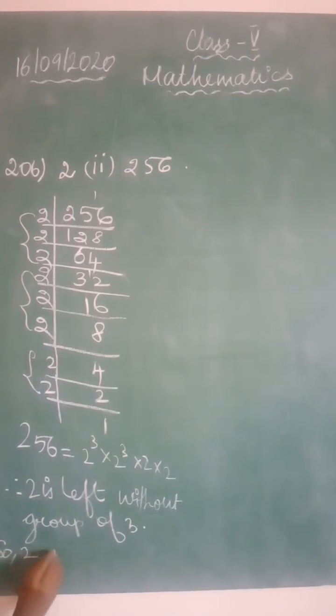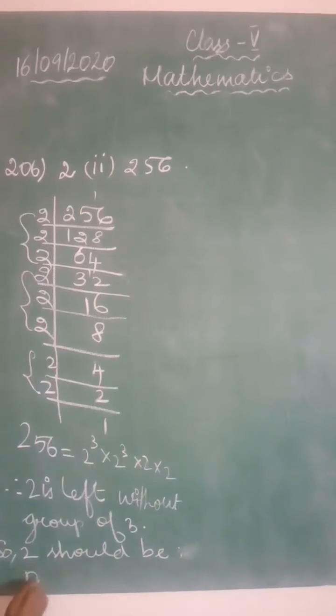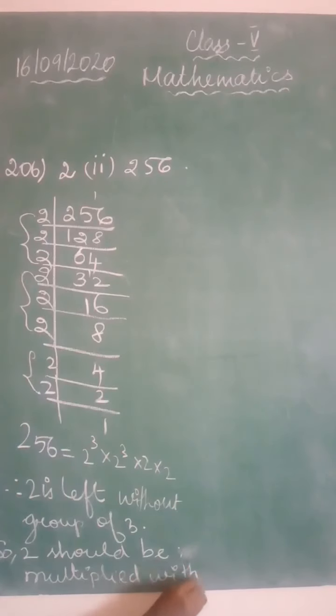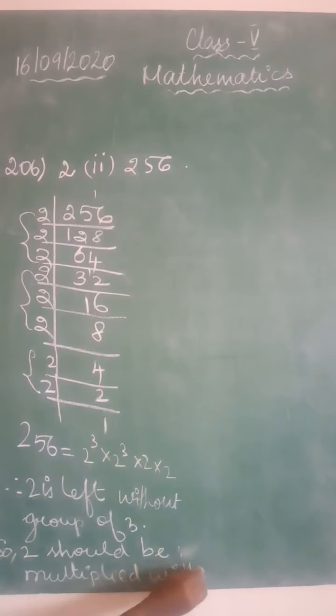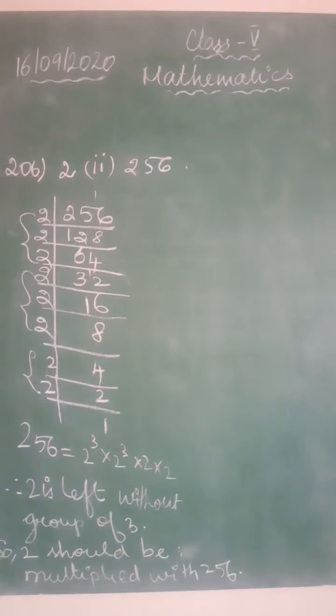So 2 should be multiplied with 256. Is it clear for all of you?